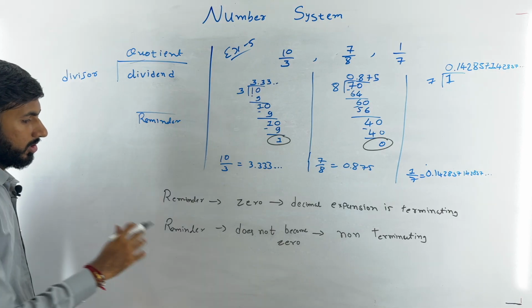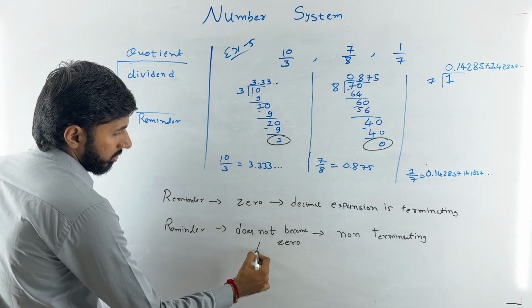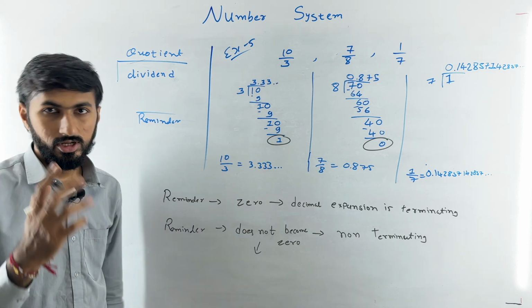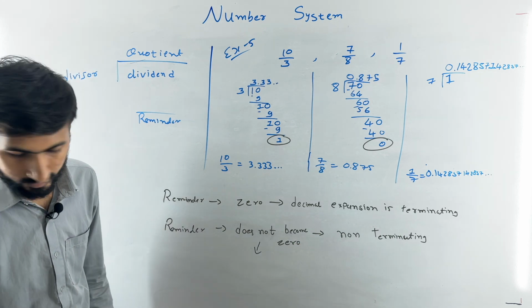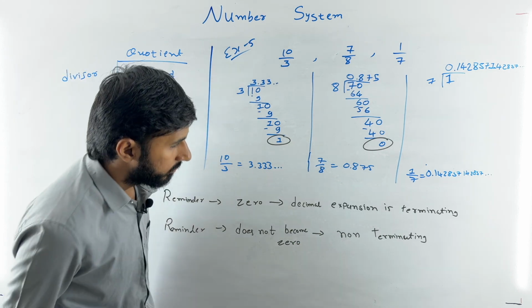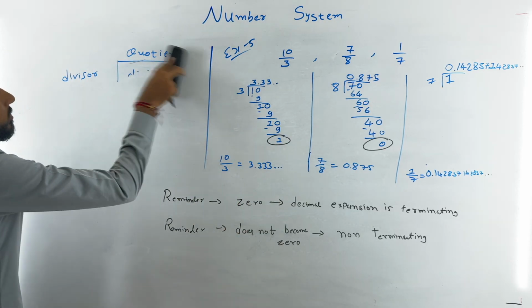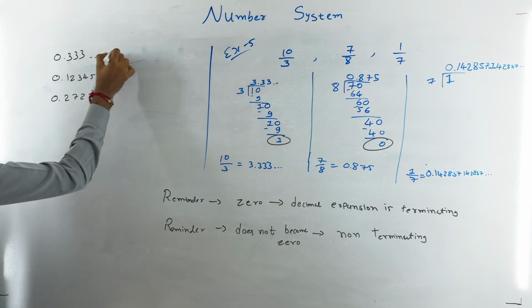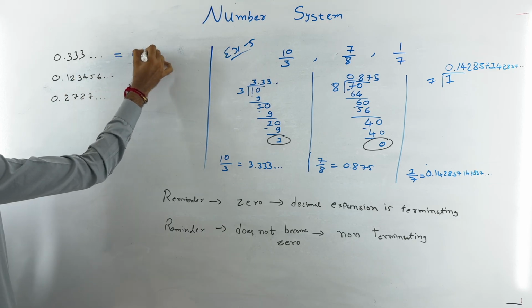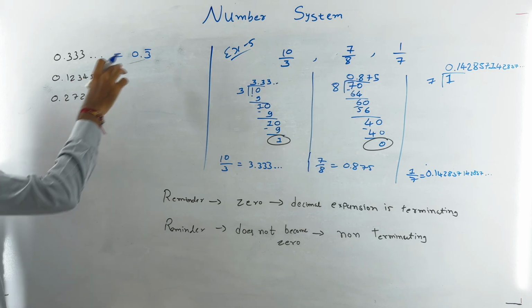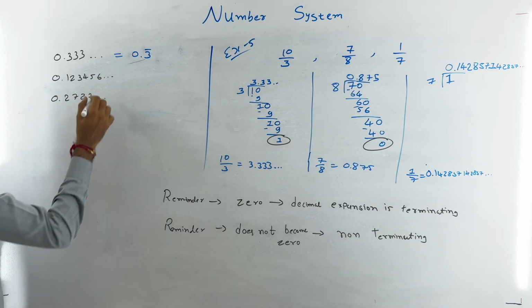Now, in this non-terminating section, there will be two parts. Let me write it here. If I have to write this number, I can write it as 0.3 bar. A bar on the number shows that this number will repeat infinitely.